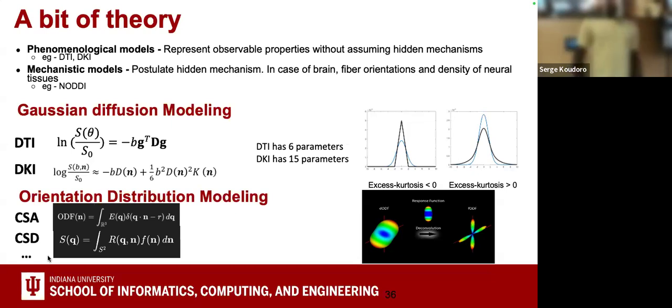Here you have 2 famous algorithms, CSA and CSD, where you have the same description. When you look at the equation here, the signal is equal to the sum of the response function with the spherical function that we have here. Our spherical function is actually the same as our ODF function.